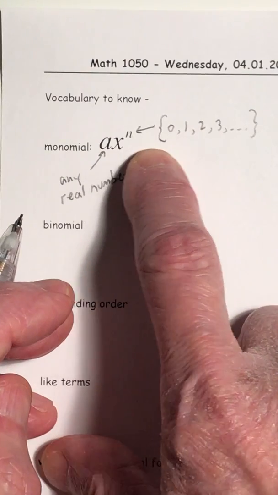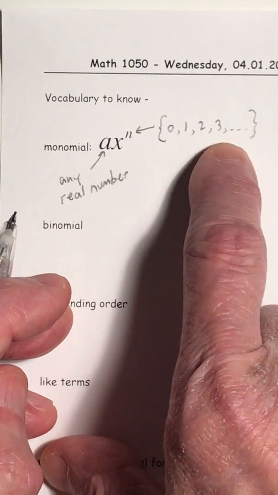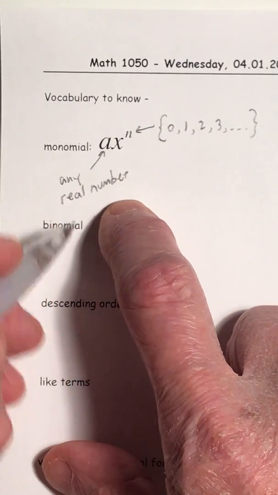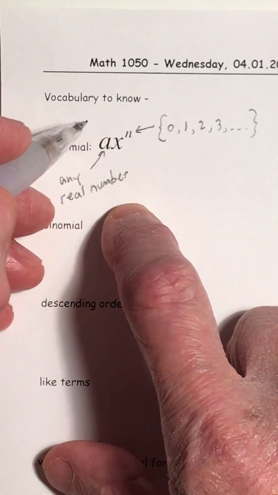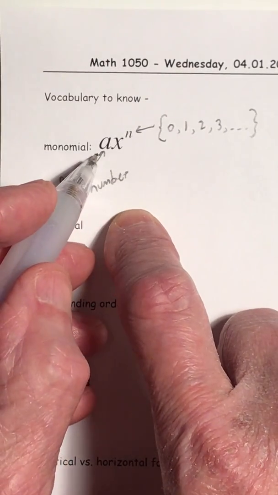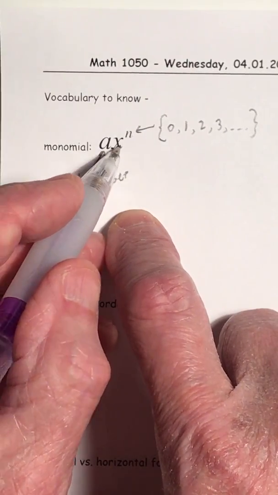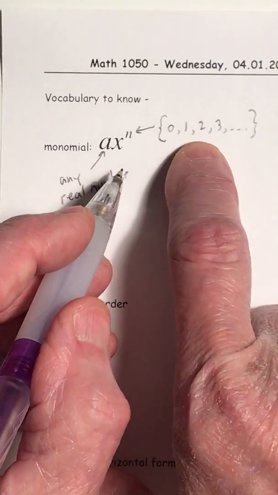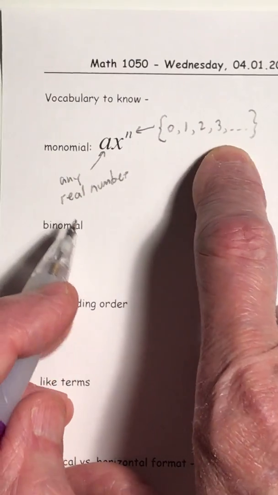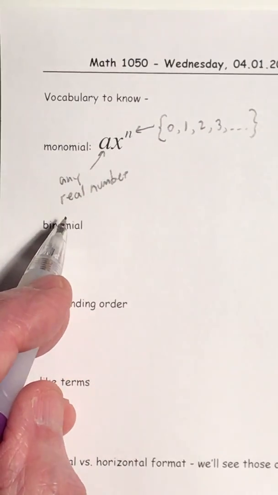If the exponent is that kind of value, then we have what we call a monomial. And of course, a can be 1, a can even be 0 in the strict sense. But if you have any number times a variable to a power where the power is 0, 1, 2, 3, and so on, any of those, then we have what we call a monomial.